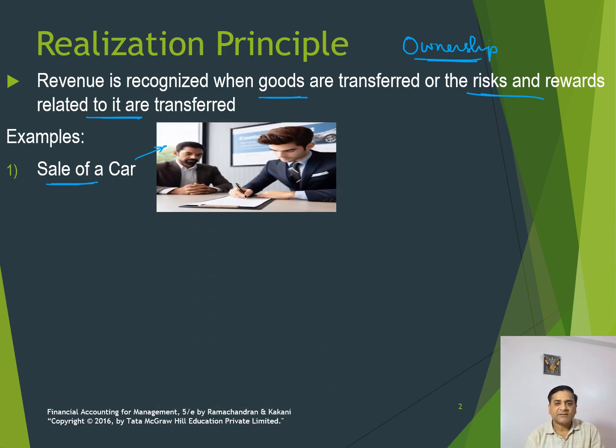We know that the car sale would happen only when the documents are registered in the name of the owner. So the moment these documents are registered or signed or agreement is entered between the dealer and the buyer, that is the point where the revenue would be assumed to be realized in the books of accounts of the seller, right?